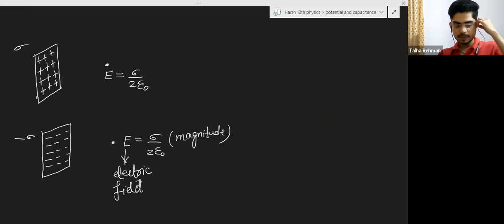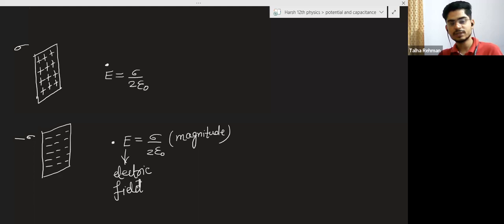And you have seen this as an infinitely charged plate and calculated the electric field at a distance r. For that, you have studied this in electrostatics when you studied Gauss law, and you draw the Gaussian surface.